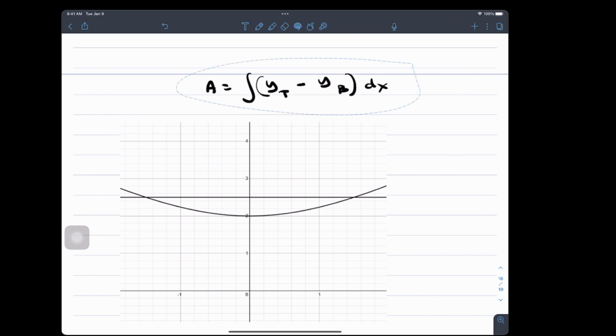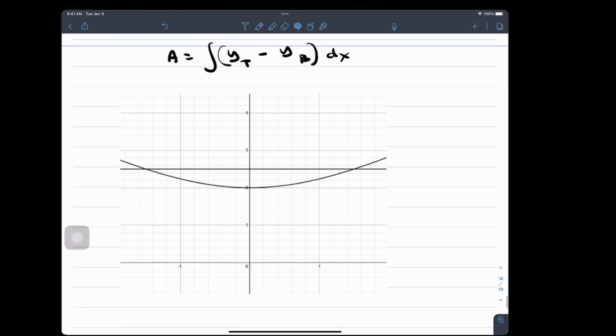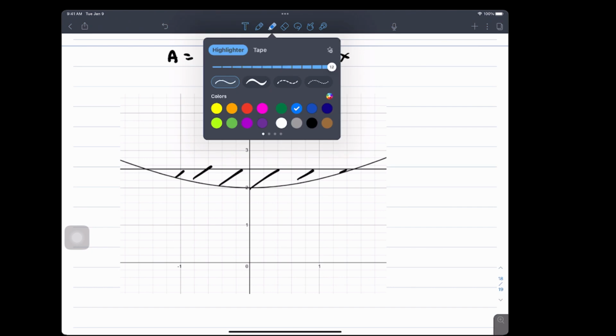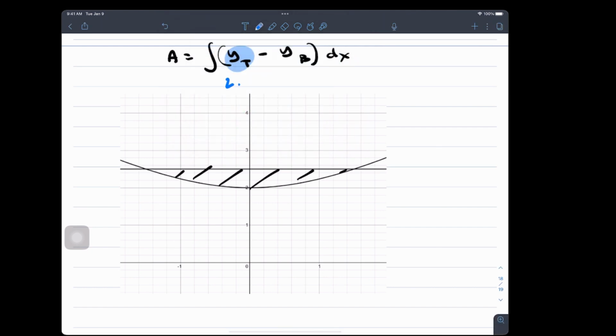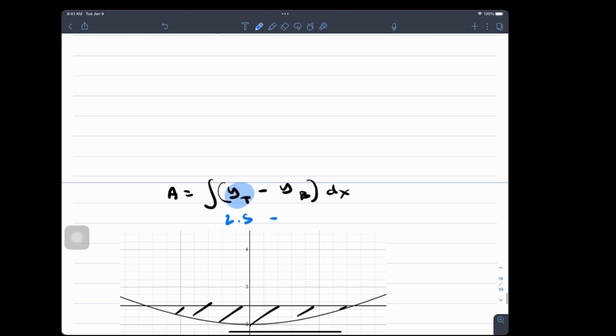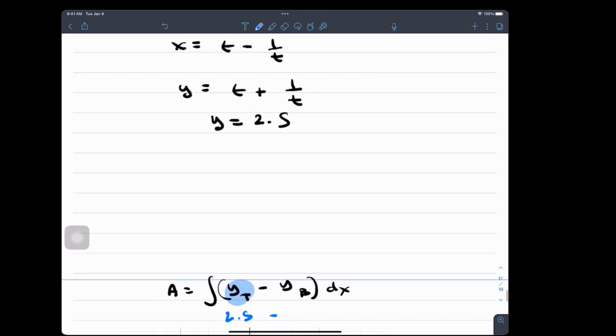So you want to go back to Calculus 1 and remember a few things here. How are you going to deduce this? Yes, this is going to be 2.5, by the way. Okay? And the bottom curve, what's your y value? It's right here.